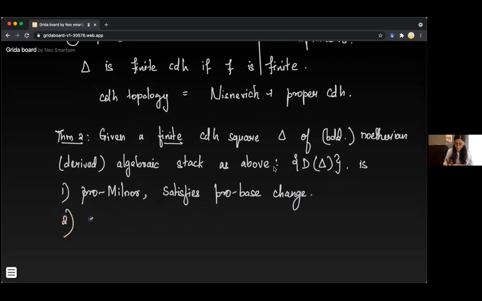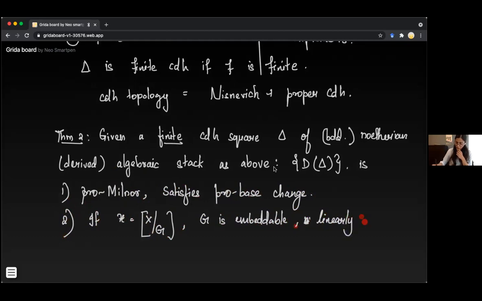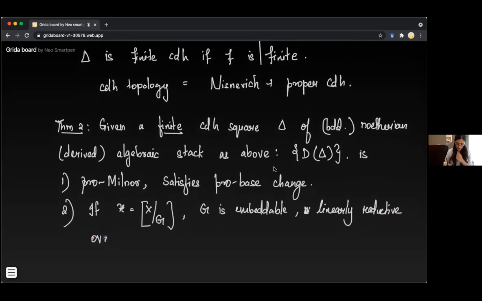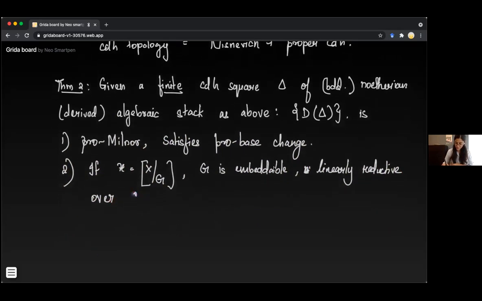And when X, your stack, is really a quotient stack, where G is some embeddable, nice, or maybe just linearly reductive group scheme over some affine scheme S, and X is affine over S and has a G action.